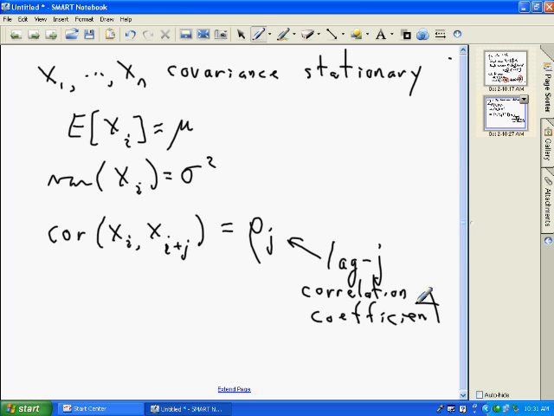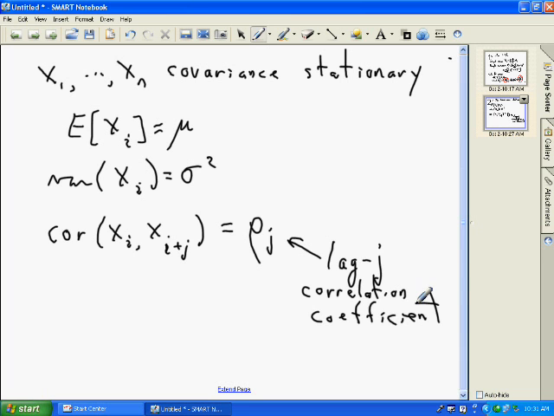That would be a lag 1 correlation. And that's going to be different from the correlation between today's temperature and next month's temperature. That'd be a lag 30 correlation. So what you'd expect is that the correlation decreases as the lag increases.